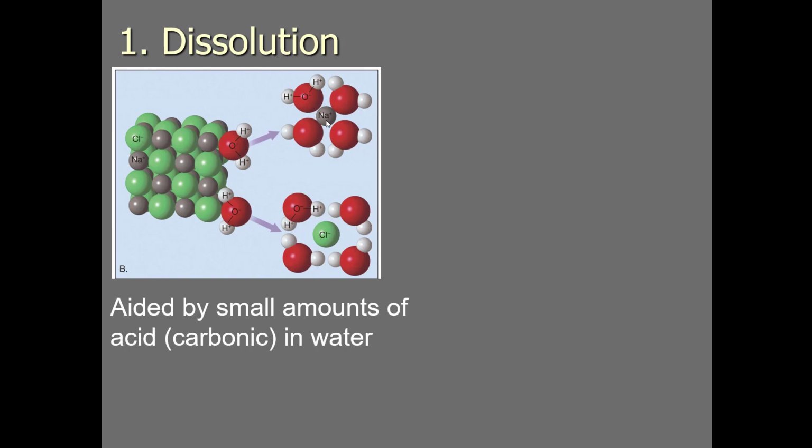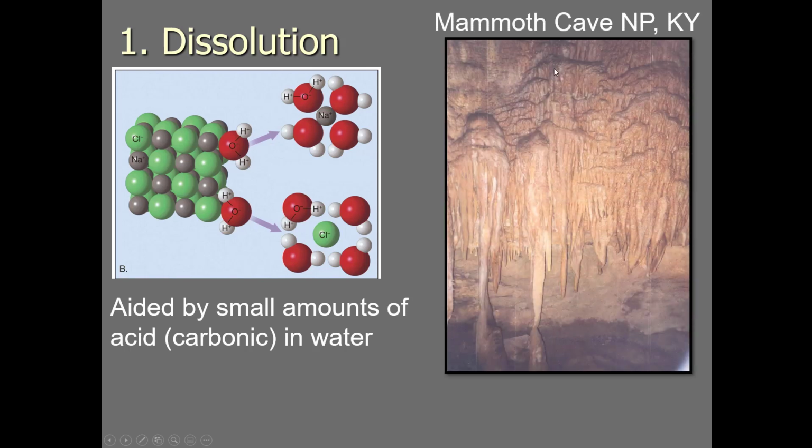So basically they can't really rebond because they physically can't get close to one another. So dissolution is definitely something that impacts halite or rock salt, but it is also something that results in the formation of caves. So this is a picture from Mammoth Cave National Park in Kentucky, which is the longest system of caves in the world.